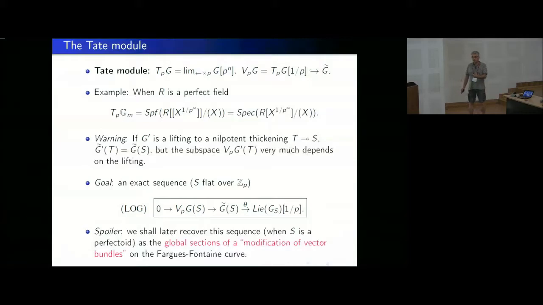And here's a spoiler. At the end of the series of lectures, we shall recover this naive logarithmic sequence when S is a perfectoid, or we will do it only maybe when S is O_C, as the global sections of a certain exact sequence of modifications of vector bundles on the Fargues-Fontaine curve, which will be the main character that we will meet later on.